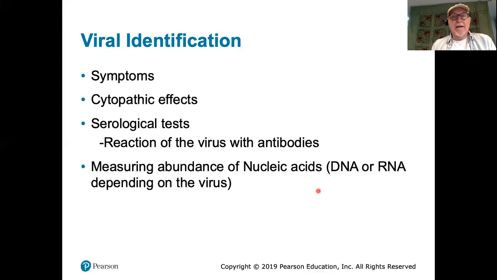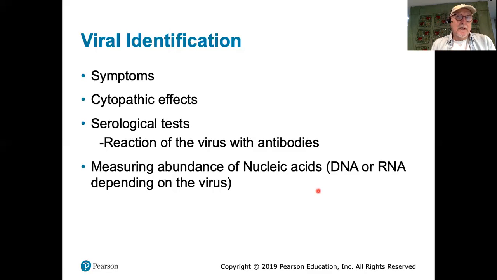Very widely in clinical practice, serological tests are used to identify virus. That is, we use specific, identified antibodies to react with virus experimentally, with samples, for example, of serum or whatever.